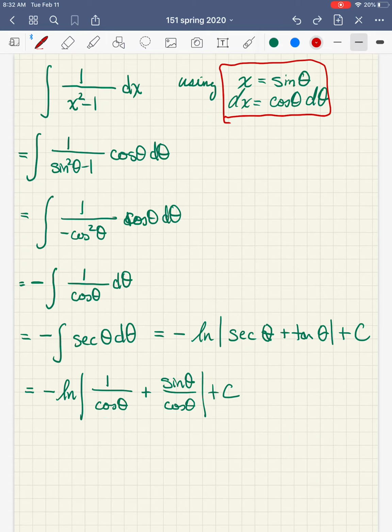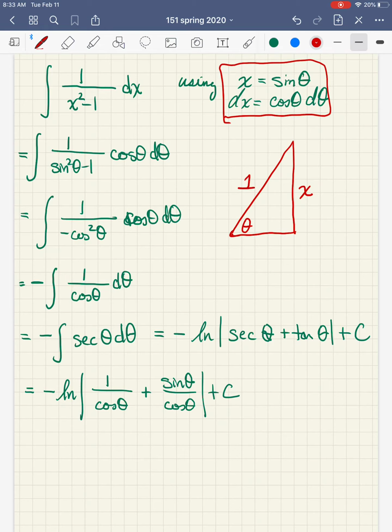There are a couple of ways to do that, but my favorite way is to draw a picture. If x is sine of theta, then there's a triangle, and this is my angle theta, and the opposite over the hypotenuse, that ratio, has to be x.